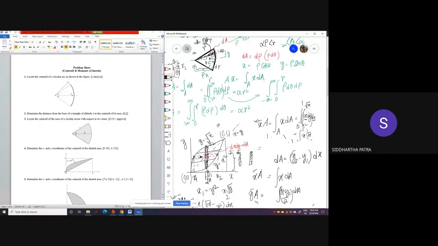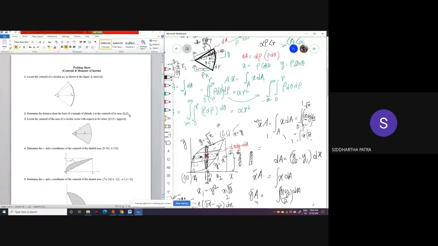But the triangle centroid is not halfway between its base and vertex, unlike a rectangle, where the centroid lies exactly in the middle. For a triangle, the distance would be 2/3 from the vertex. So if the distance between the vertex and the base is r, it would be 2/3 r. If you look at problem number 2 over here, that is actually asking you to prove that.